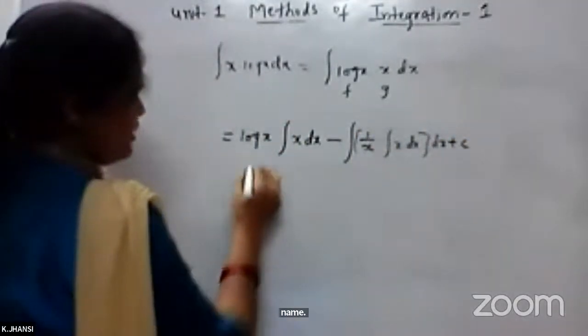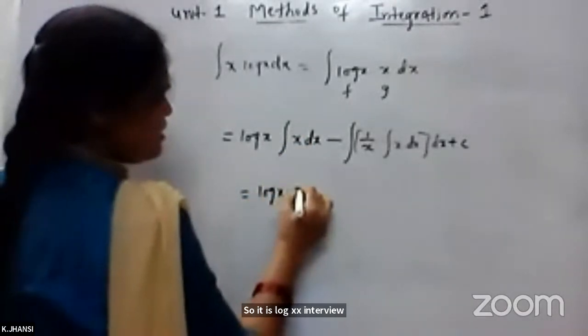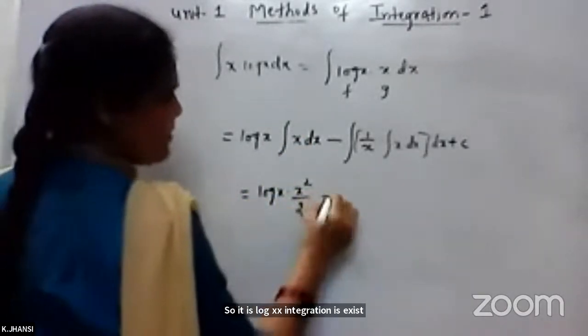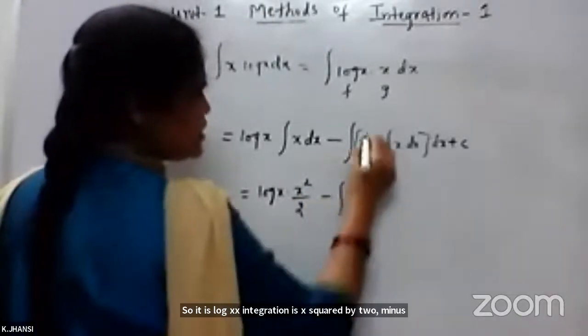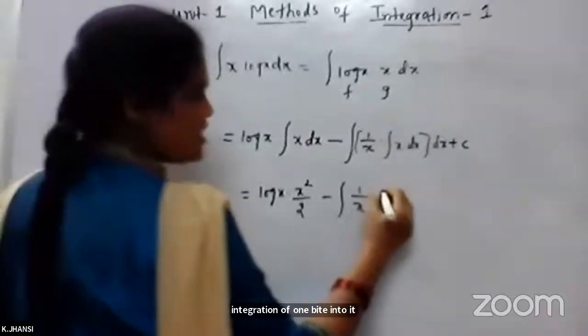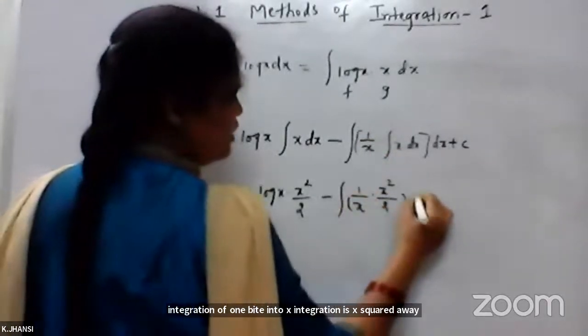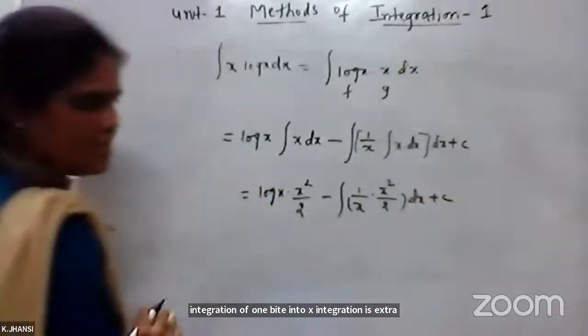So it is log x, x integration is x square by 2, minus integration of 1 by x into x square by 2 into dx plus c.